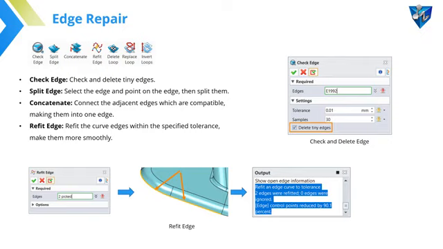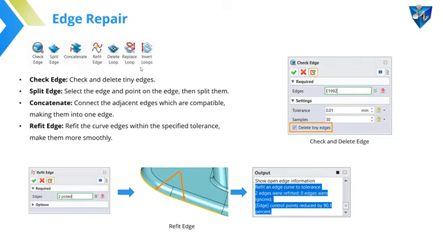After checking and locating open edges, now let's talk about the edge repair. As you can see, ZW3D provides 7 tools to do the edge repair. So first, check edge. With this function, you could check and delete tiny edges. Second, split edge.